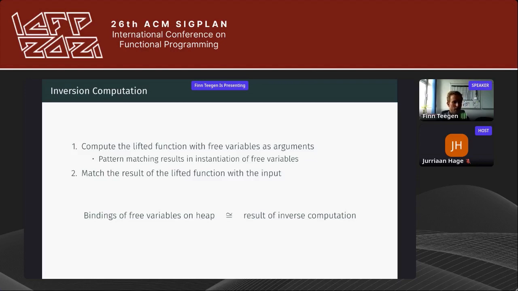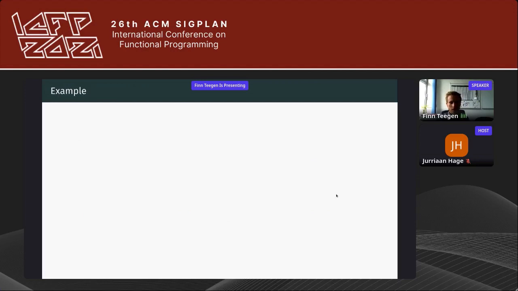But to give you an idea how this works, let us take a look at an example. If we consider the initial example where we want to compute the inverse of append with a singleton list containing the 1, which would be this expression, we can now translate it into something like this, where we have some kind of match function.